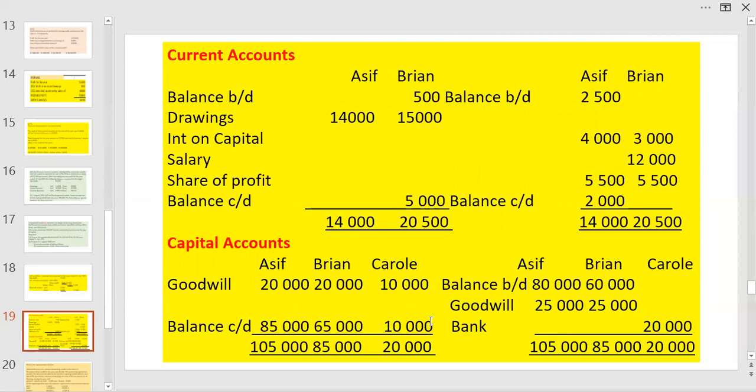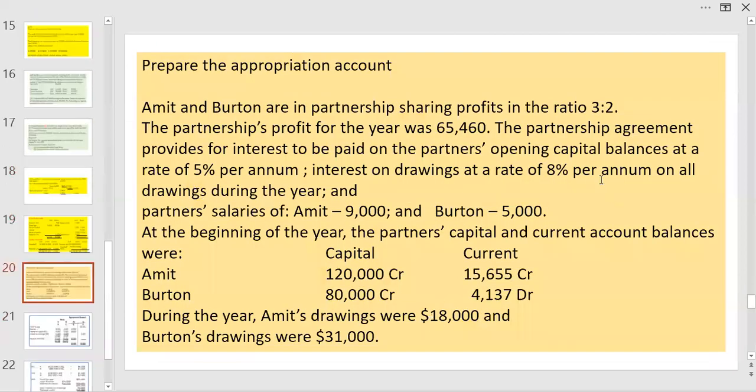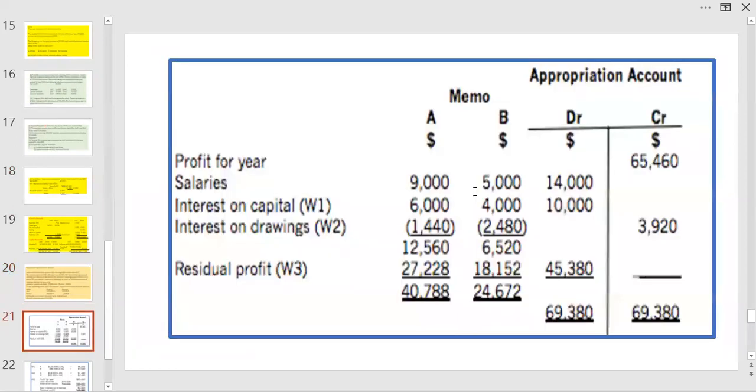Okay, the final question. A and B share profit in the ratio of 3:2. Profit is given, apportionment details are given, drawings are given, and balances of capital and current account details of partners are given. Look at the apportionment account: profits given, salaries are deducted, interest on capital is deducted.